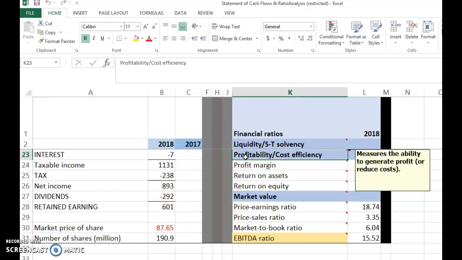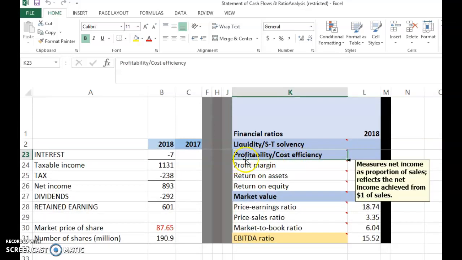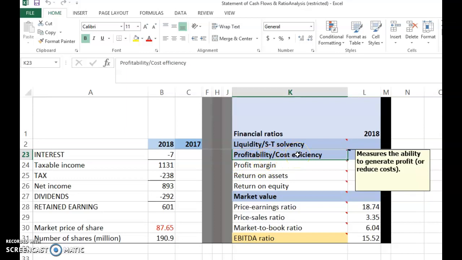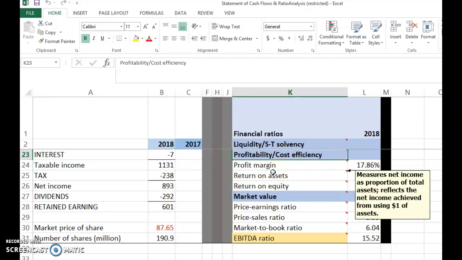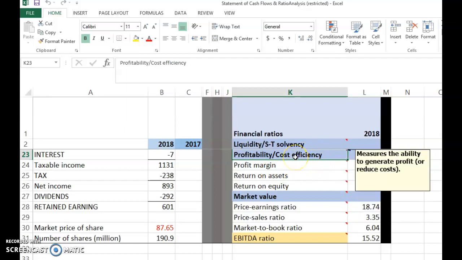The fourth category of ratios. These are called profitability or cost efficiency ratios. Just now it was asset efficiency before this. Now this is cost efficiency: how well the costs are contained or controlled by the firm.